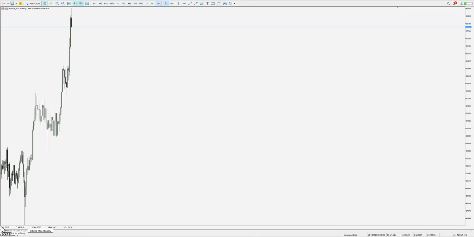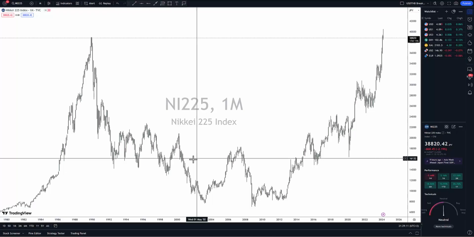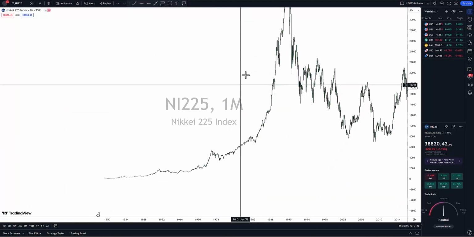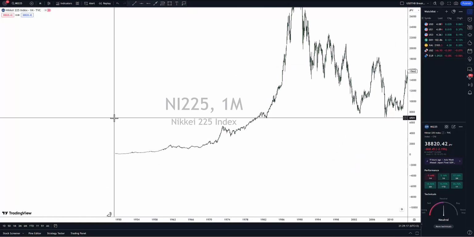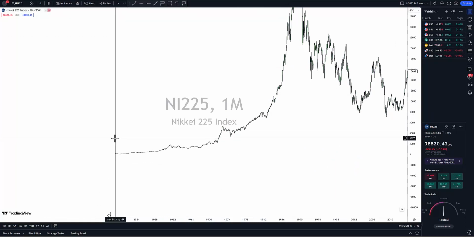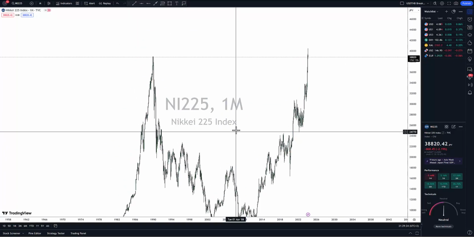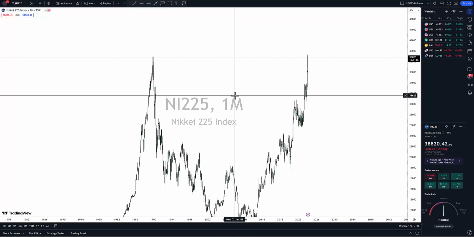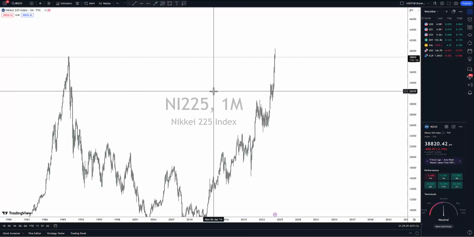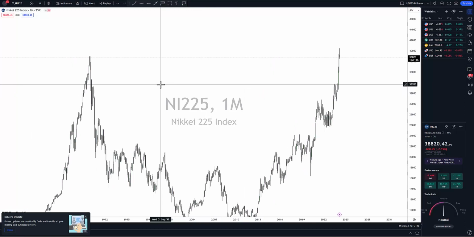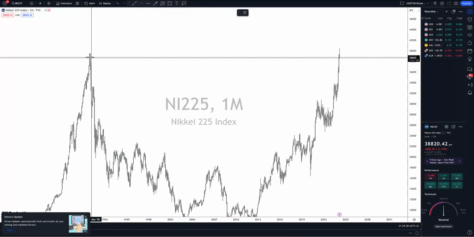It's not loading data before that. But now if you come to TradingView, you can see it goes all the way back to 1949. We're talking of World War time zones. So that's the main reason why I'm gonna use TradingView, just to get my extreme pricing points first.